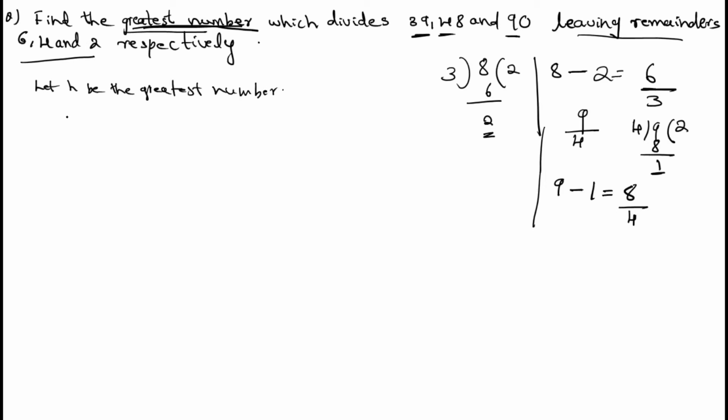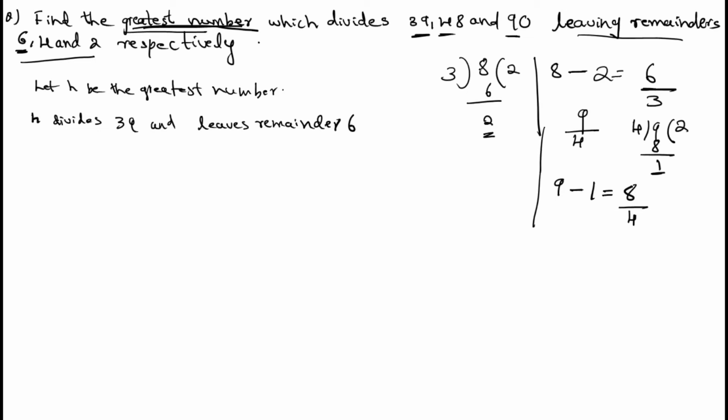Now see, they have given that the greatest number divides 39, 48 and 90 respectively. H divides 39 and leaves a remainder. What's the remainder? The first remainder is 6, right? See, here I am applying the same case.